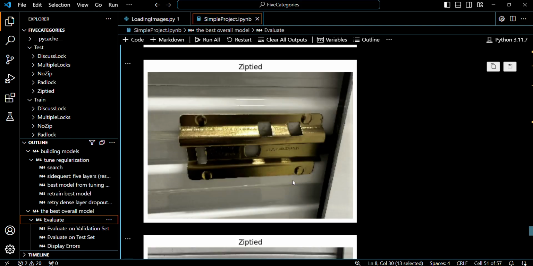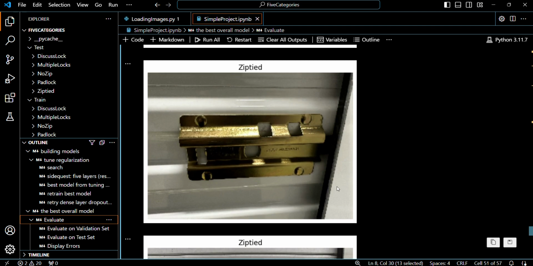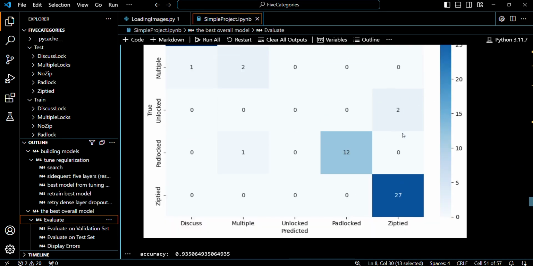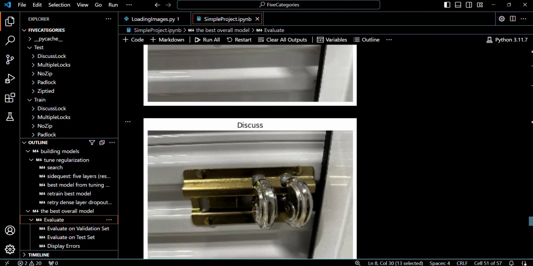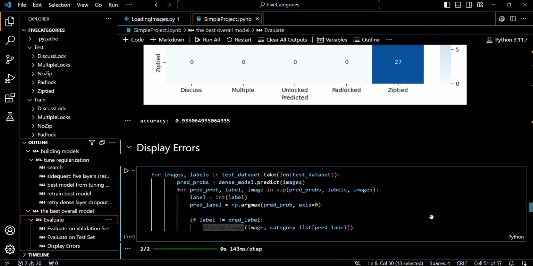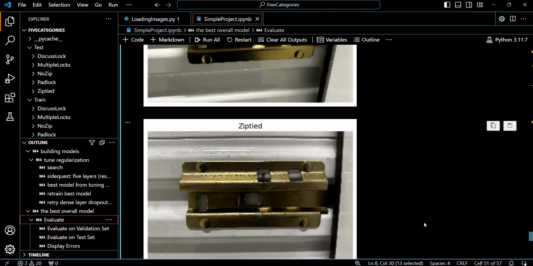This one is classified as zip tied. That one, it's not obvious. This one was as well. Like we said, those were the only 2 images of zip tied units, of unlocked units, and they obviously are not zip tied.